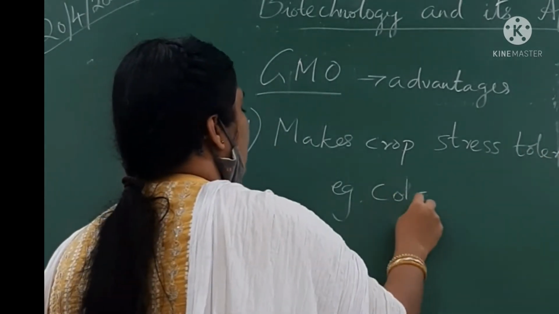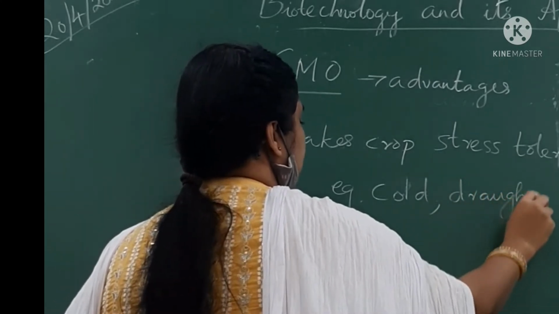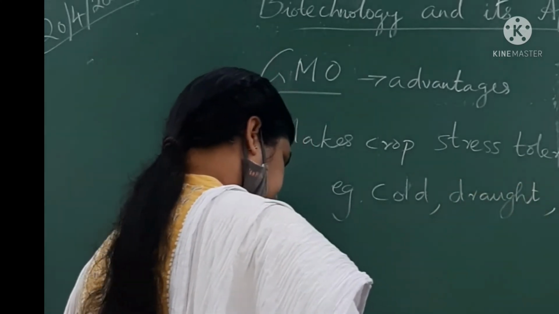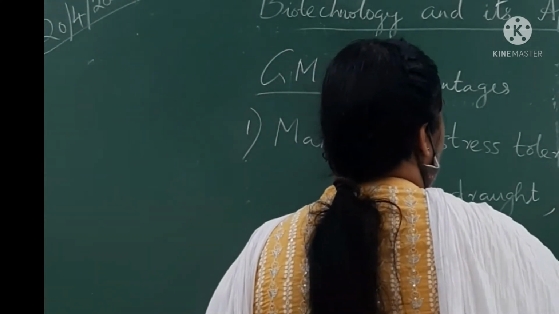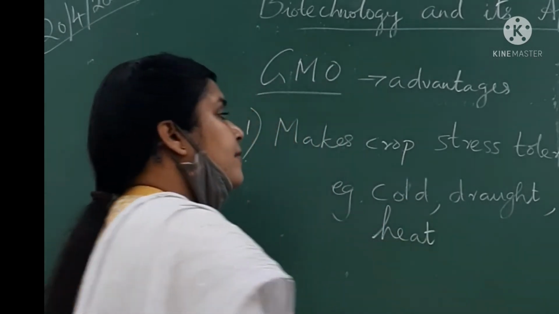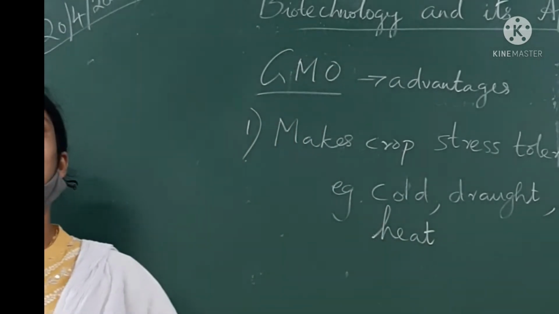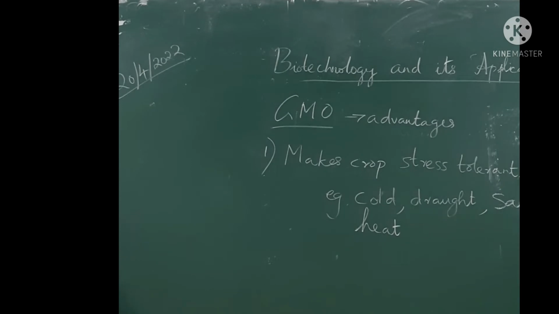For example, cold, drought condition where there is no rain, more salt in the soil, heat. So they have genetically engineered some crops and those crops are very strong. Even if there is no rain, they can withstand that. Still they will be able to grow. Like that, genetically engineered crops can be made.